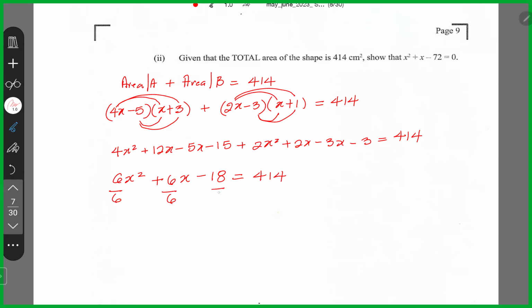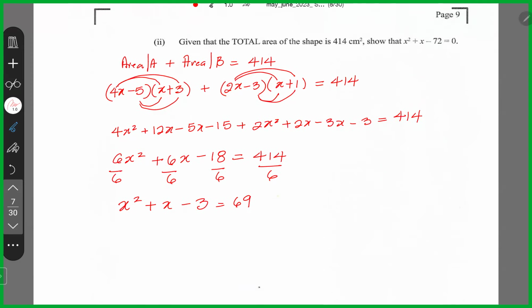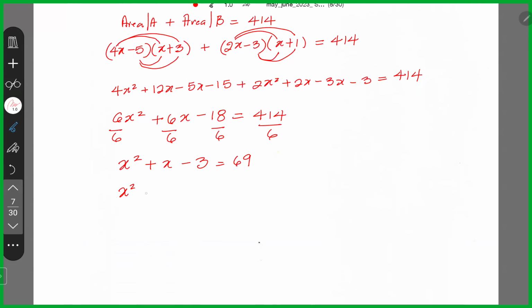So I'm going to divide the entire equation by 6, and I'm going to end up with x squared plus x minus 3 is equal to 69. And now I have x squared plus x minus 3 minus 69 is equal to 0. x squared plus x minus 72 is equal to 0.